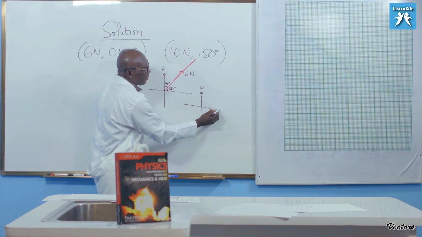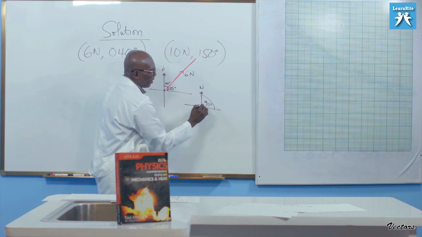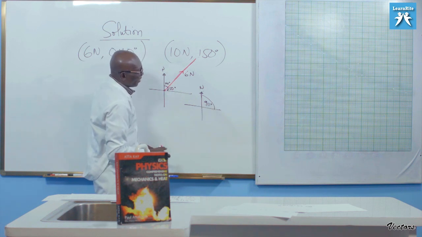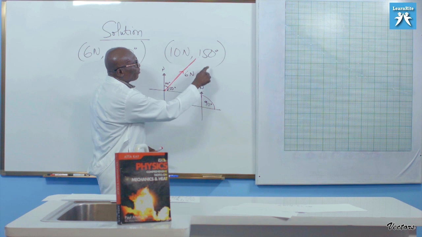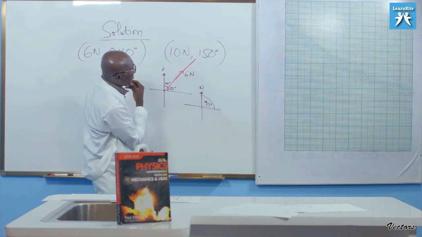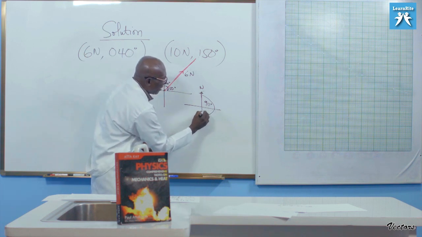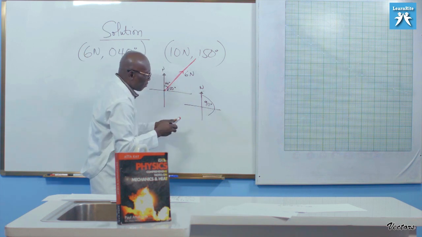I've gone through 90 from here. You ask yourself, what do you add to 90 to get to this angle? You have to add 60. So I'll go an additional 60 and I have my vector.